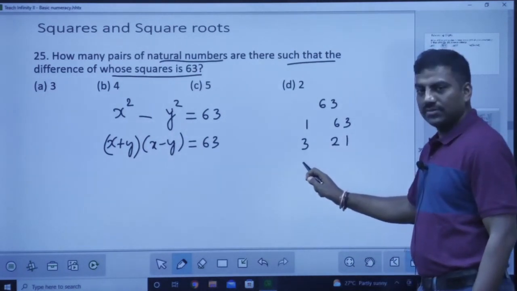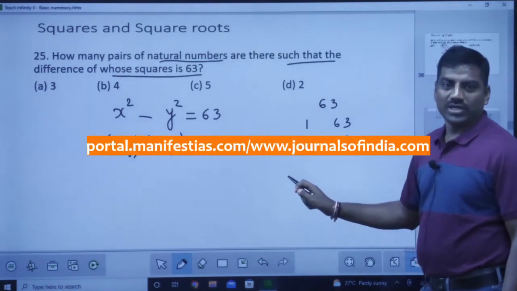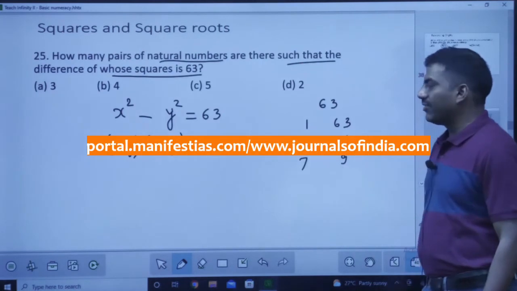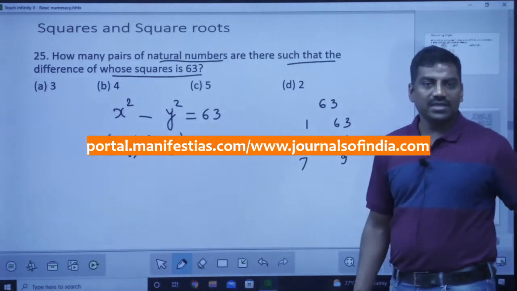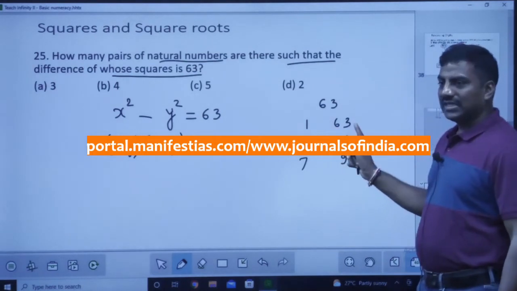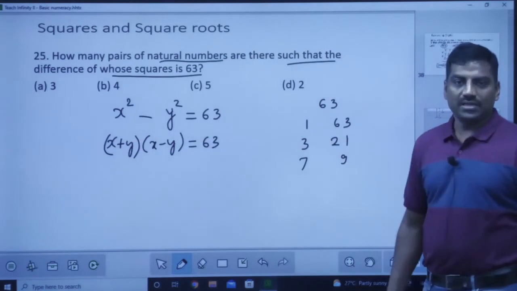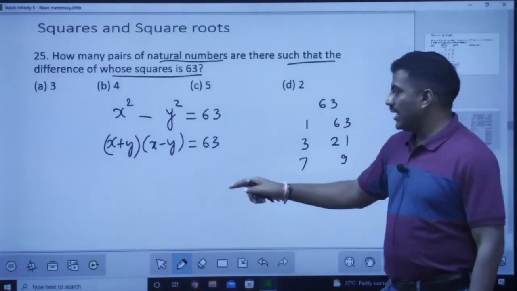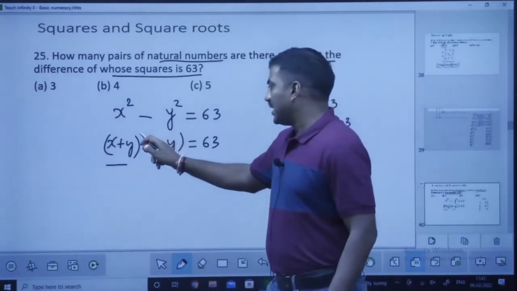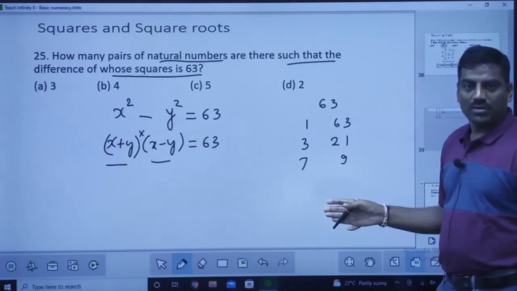Then next is what? You don't have to be silent. 7 and 9. Any other thing that we can do? That's all. How many pairs of these numbers? 1 and 63, 3 and 21, 7 and 9. Correct? So here, this is one number, this is another number. We are multiplying them. How many options we have?